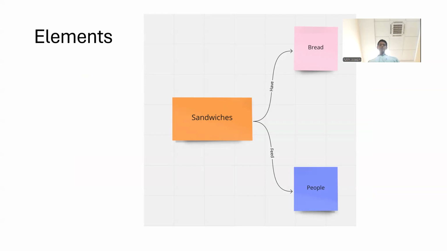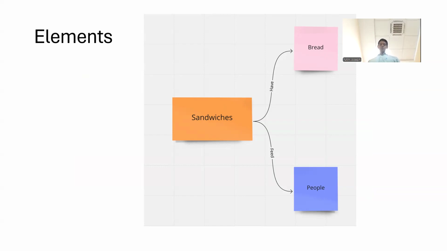Now, in this example, the focus question or the topic is on sandwiches, and it is placed in a large rectangular node, which is colored orange.